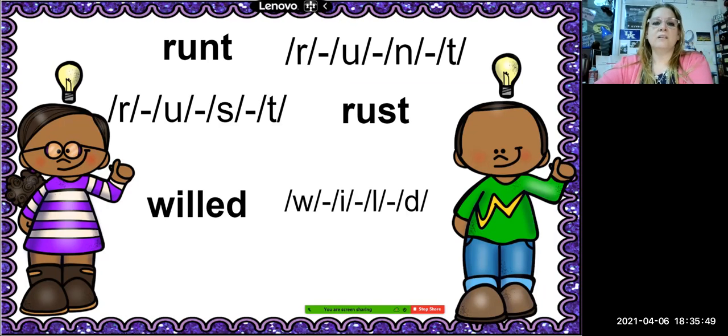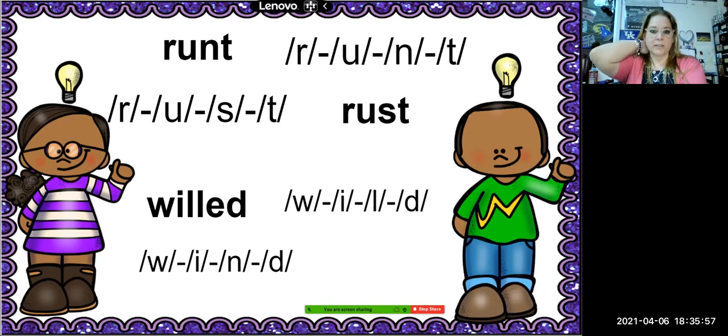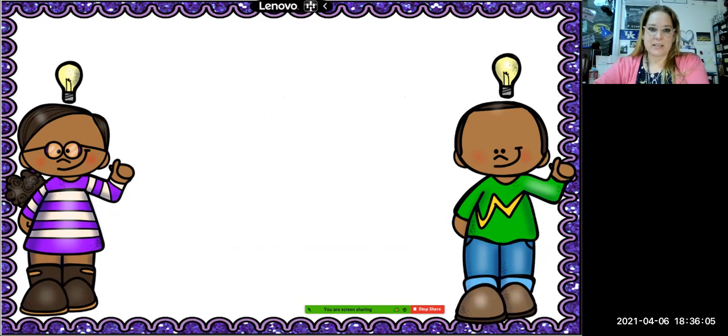So the ld is the blend. We're going to replace the l sound with n. What is that new word going to be? Good. It's going to be wind. Nice. Our next word is lisp.